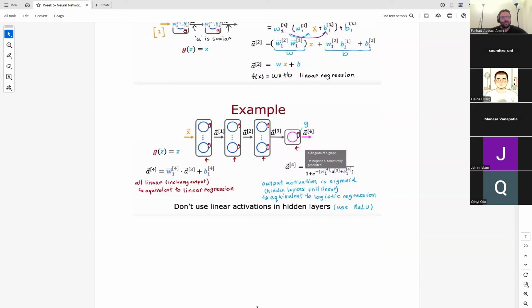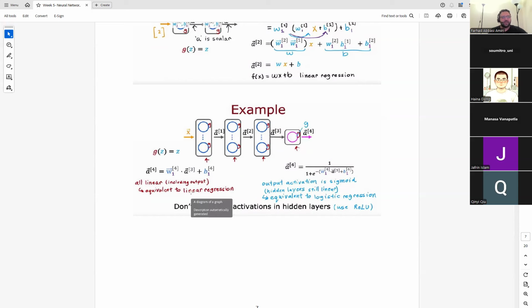If you stay with linear activation functions for all the nodes on the three hidden layers, and for the last one you again use linear activation functions, then this neural network is equivalent to linear regression.